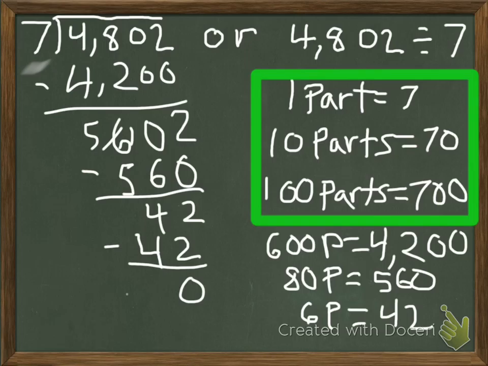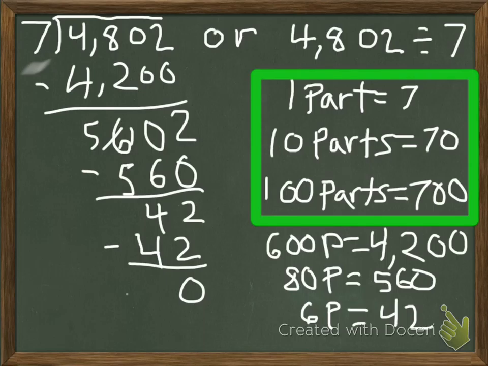And if I count by 600, 7 times, I'm going to get 42,000. This is really nice because this shows me a clear example of how I'd break this number into pieces, and also how I would use up my 4,802. Now if you notice here, I don't have a remainder.